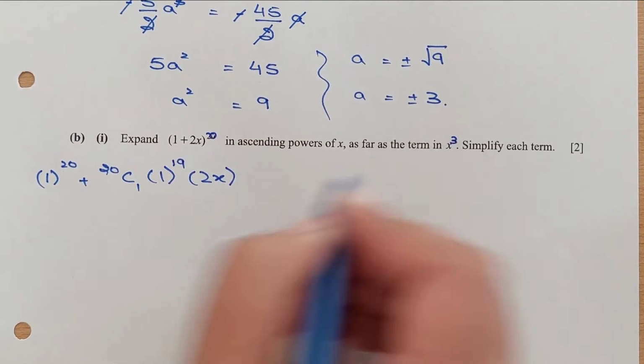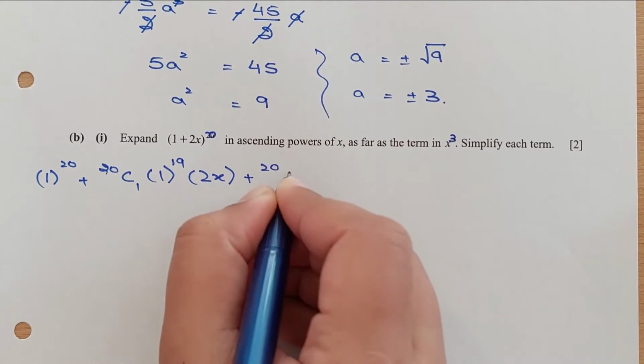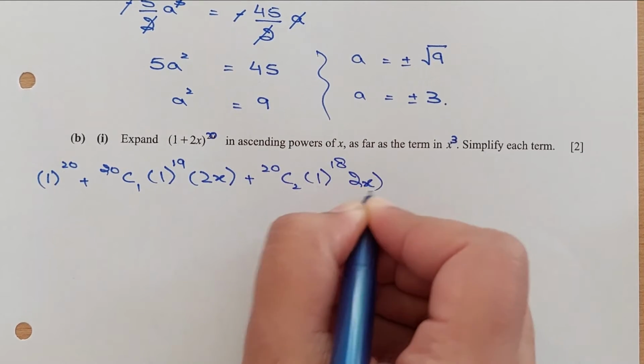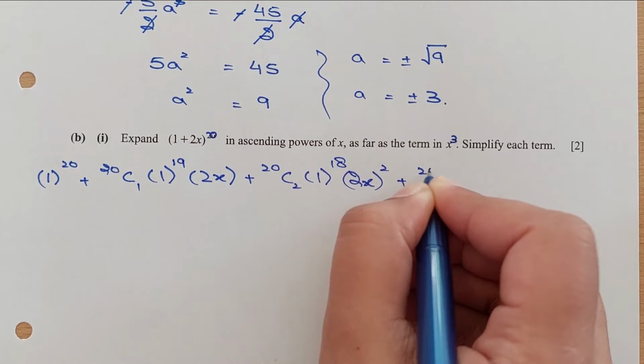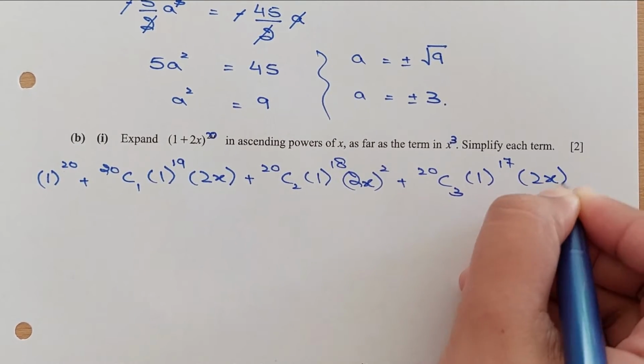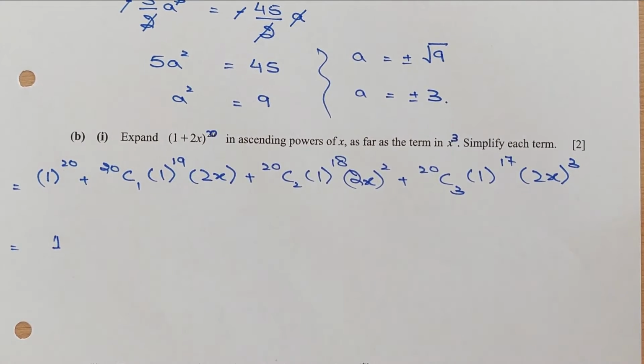We have to go till x cube, right? Then 20c2, 1 power is 18 and 2x whole square. One more term, 20c3, 1 power is 17 and 2x whole cube. Now, 1 power 20 is just 1.